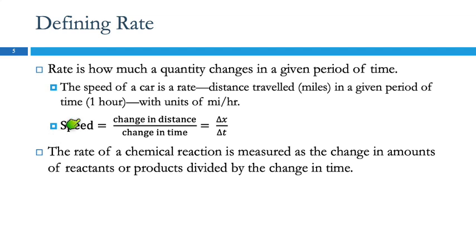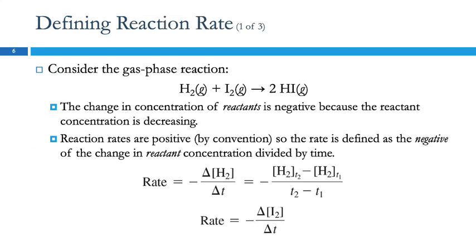So speed is the change in distance divided by the change in time, which could be represented as delta x, delta just meaning change in, delta x, change in your distance or position, divided by the change in time. So for a chemical reaction, what we're looking at is the change in concentration, either of a reactant or a product, and then we'll divide that by time.